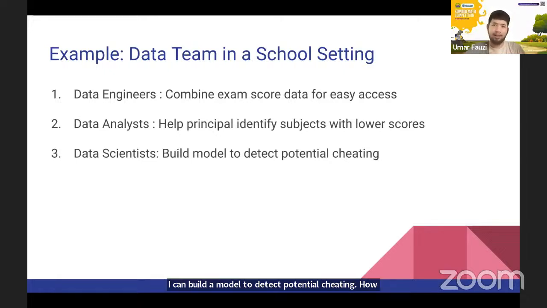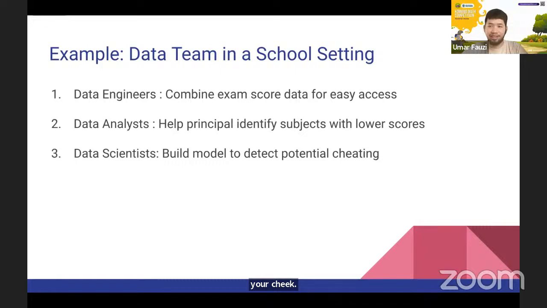Well, here's the thing. I can predict the likely answers to these questions. And if I see that some answers are a bit strange, then I can have my model tell you that there's something off. And that might help you detect potential cheating.